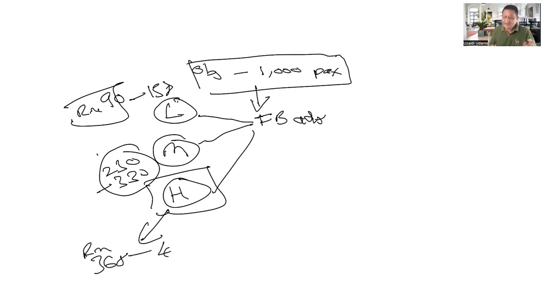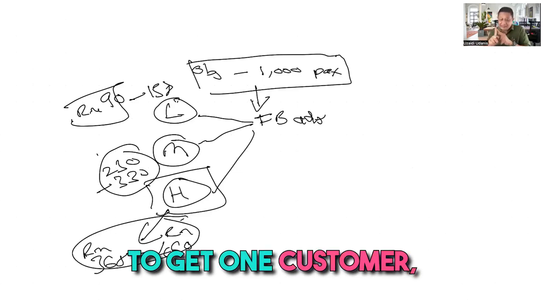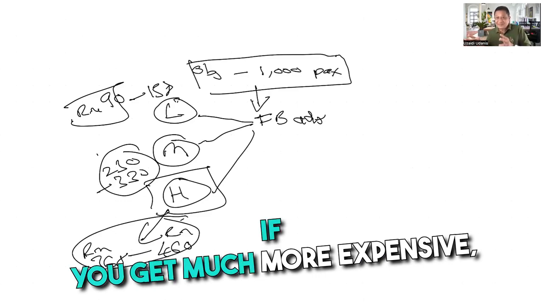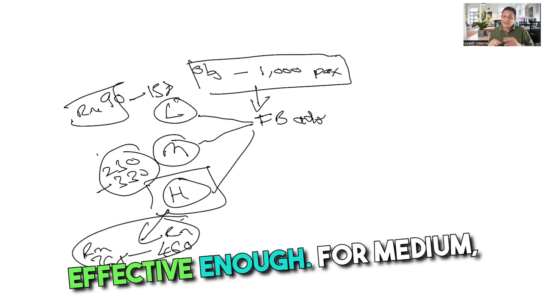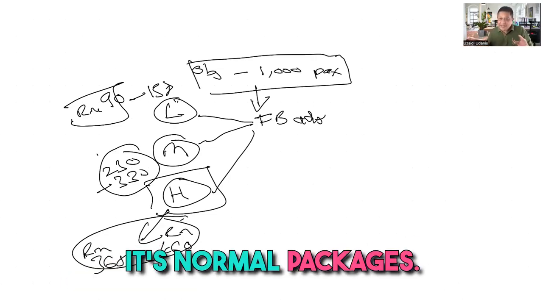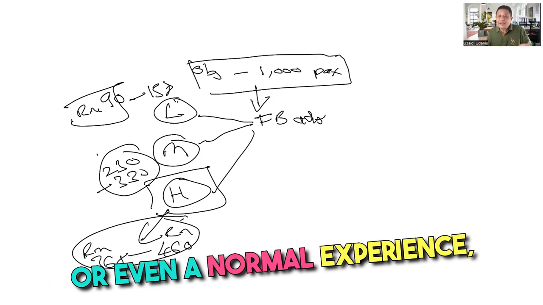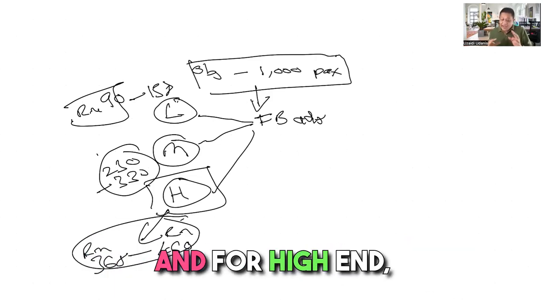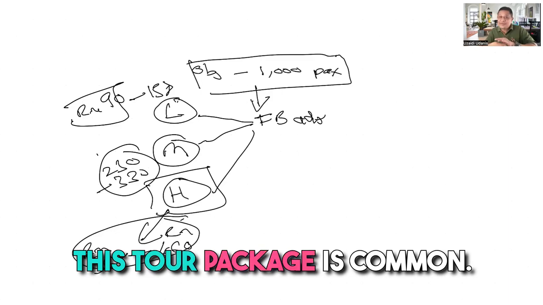You see? To get one customer, for low end, it costs you at least 90 ringgit to roughly 138. If it gets much more expensive, that means your ad is not effective enough. For medium, it's normal packages like multi-day tours, or even a normal experience tour, it costs you roughly 200 to 300 ringgit. And for high end, this tour package is common.